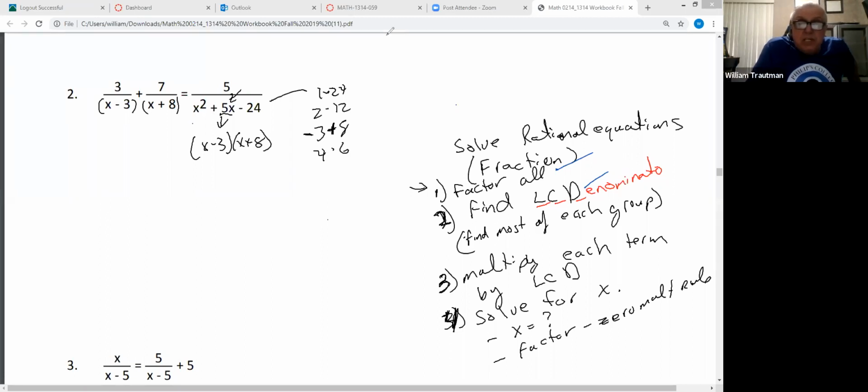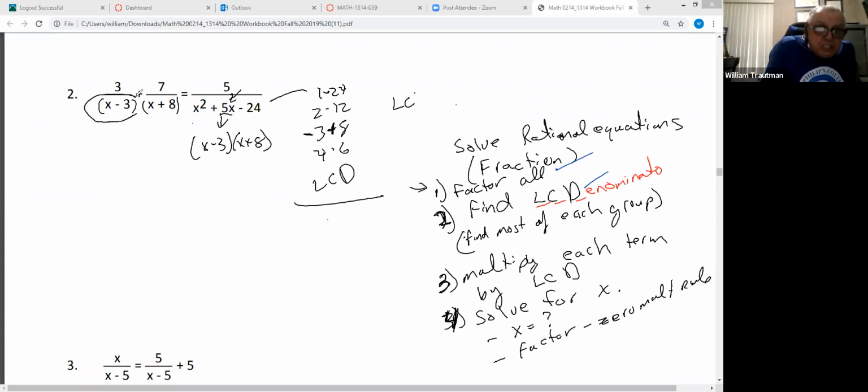Okay, so now we have to find the LCD. LCD stands for least common denominator. Denominator is the bottom of the fraction. So do you see there's an x minus 3 on the bottom? That's part of my LCD. There's an x plus 8 on the bottom. That's part of my LCD.